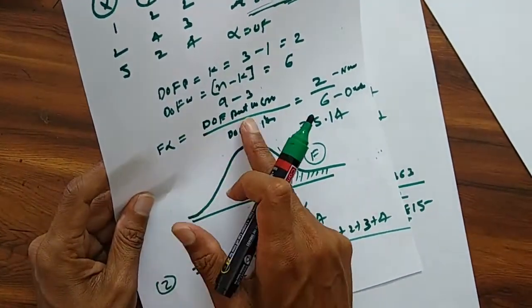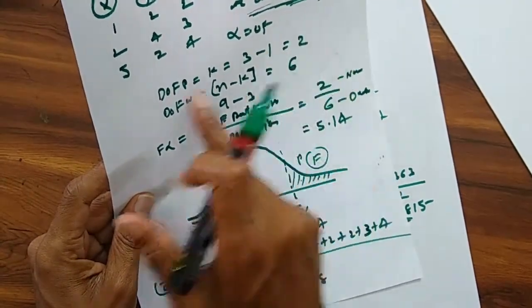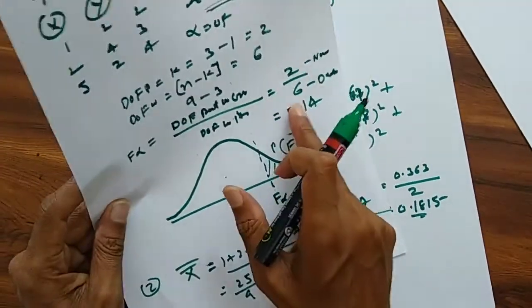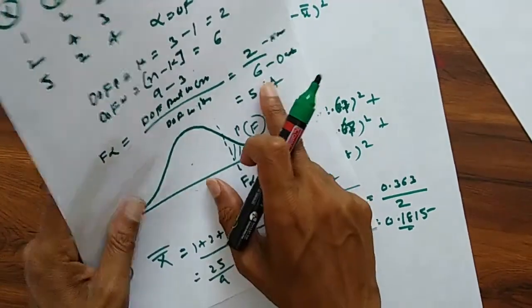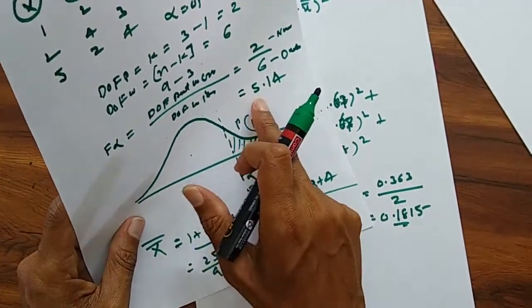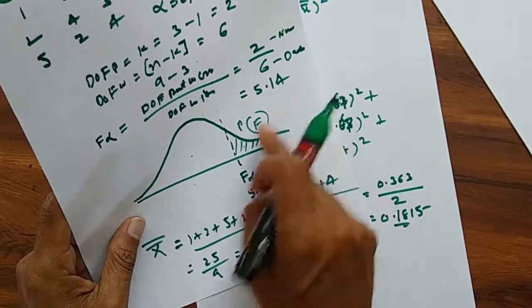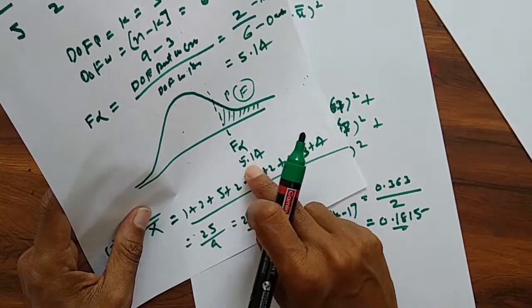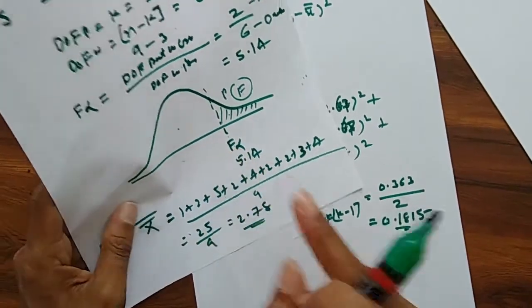F alpha is degree of freedom between groups, that is 2, degree of freedom within group, that is 6, 2 by 6. 2 is the numerator, 6 is the denominator. By seeing the F statistics table, we came to 5.14 as the F alpha value.